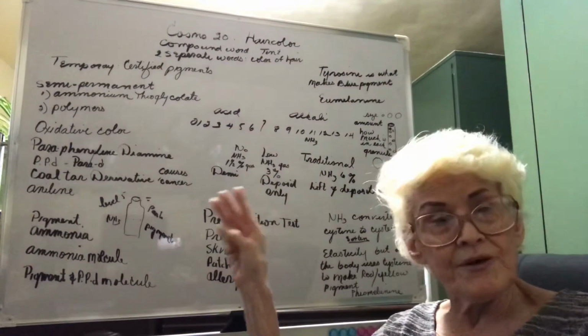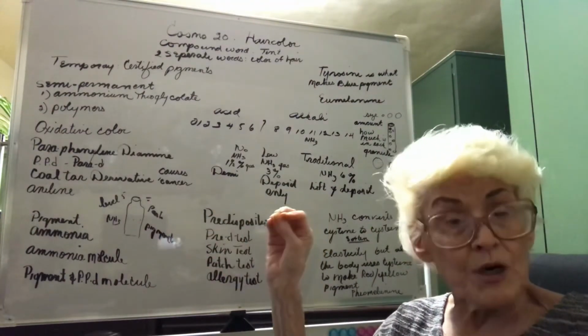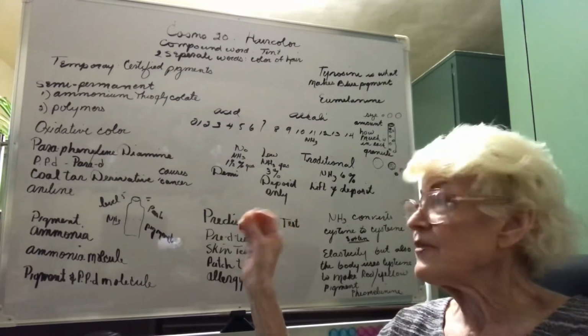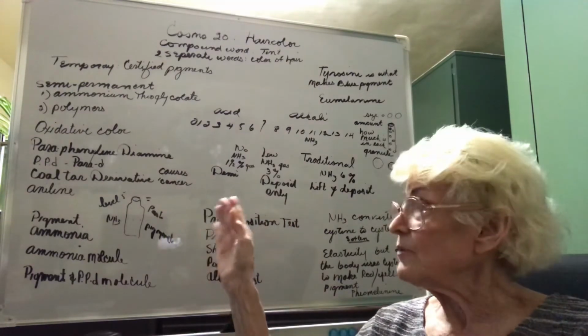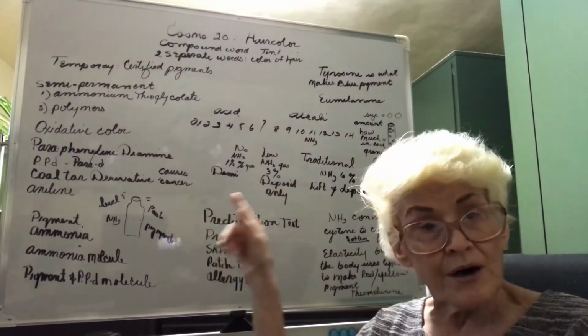Then I have my third classification, which is oxidative color. This is permanent color, a total chemical change within the hair shaft. The original formulations were made with paraphenyldiamine, which is a coal tar derivative.